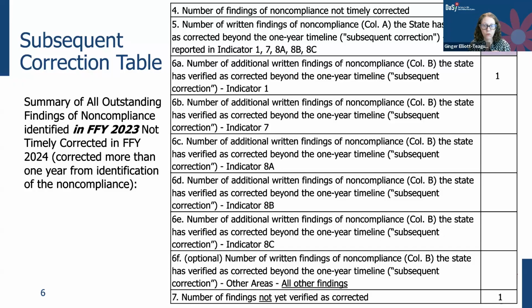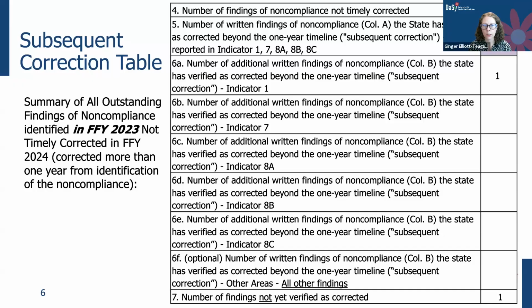So the first box is the total not timely corrected. The second box, row 5, is the number that you reported as being verified as corrected subsequently, okay? And we're slightly unclear on where this is pulling from, but I believe this is going to pull from your indicator data and should sum up from those.